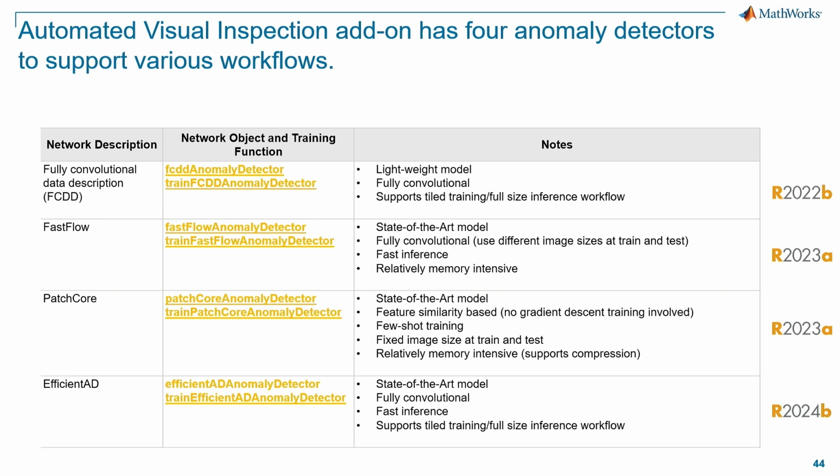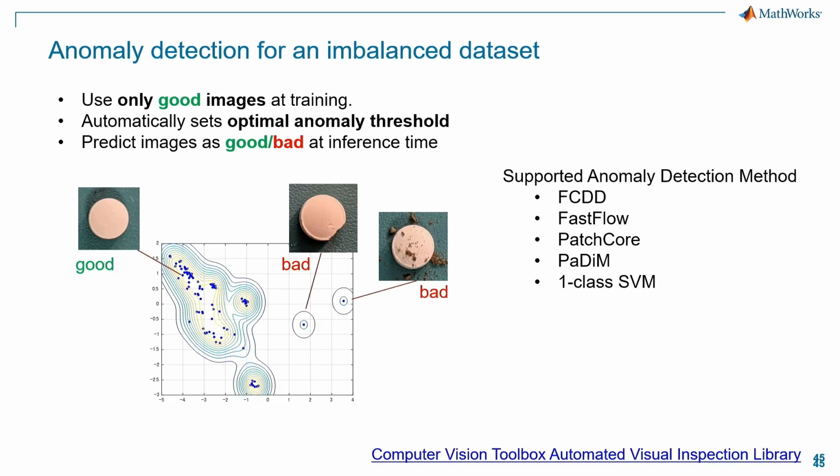We added different capabilities to meet different real-time and memory requirements that have been used by different customers. You can start from PatchCore, that's the earliest one, and then we just added the efficient AD to the bottom. So now you have a dedicated support package for the automated visual inspection library.